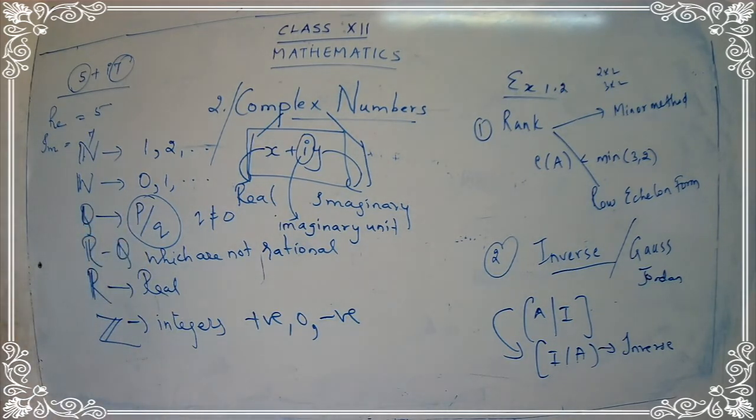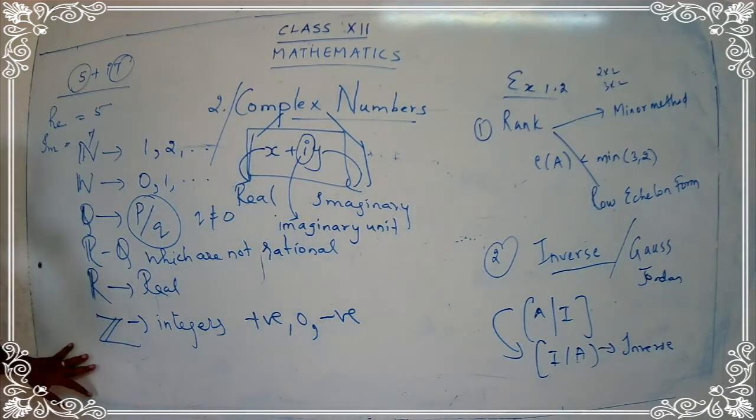The next one is R minus Q, an irrational number. The numbers which are not rational are called irrational numbers. Under real, mostly all the numbers come under real numbers.